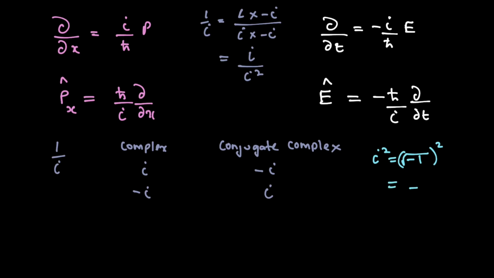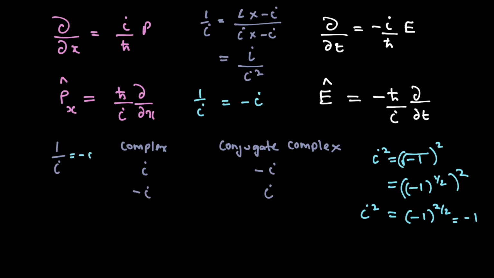That could be minus 1 to the power of a half, all to the power 2, and that is minus 1 to the power 2 over 2, which is minus 1. So i squared is minus 1. If we put that here, we get minus i. So 1 over i is minus i, and therefore 1 over minus i is going to be i.